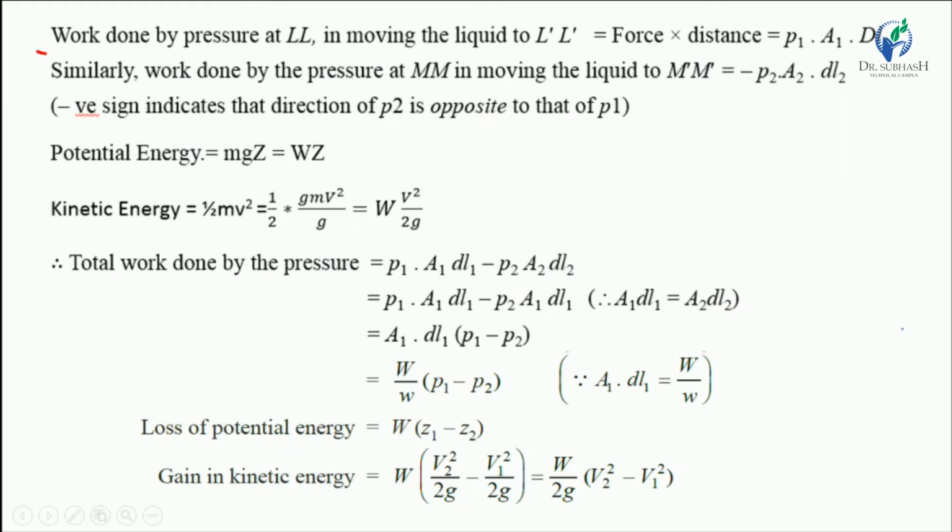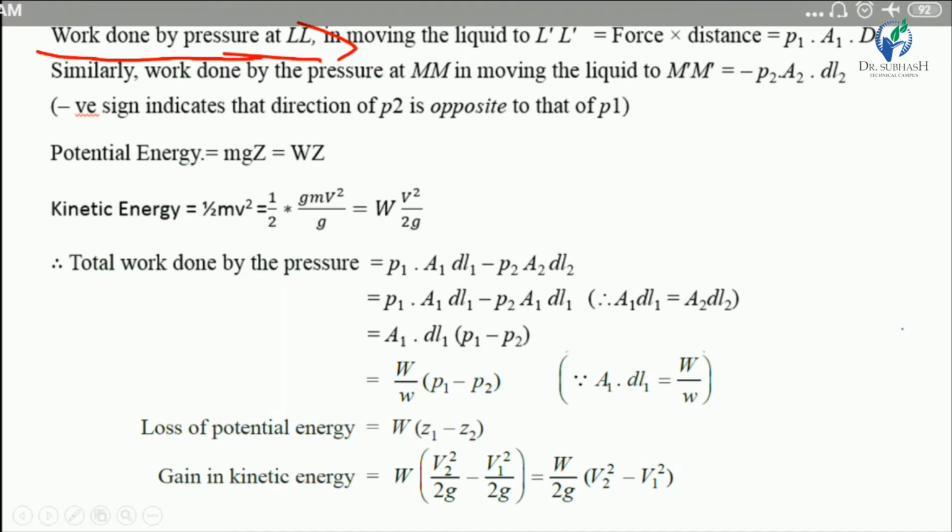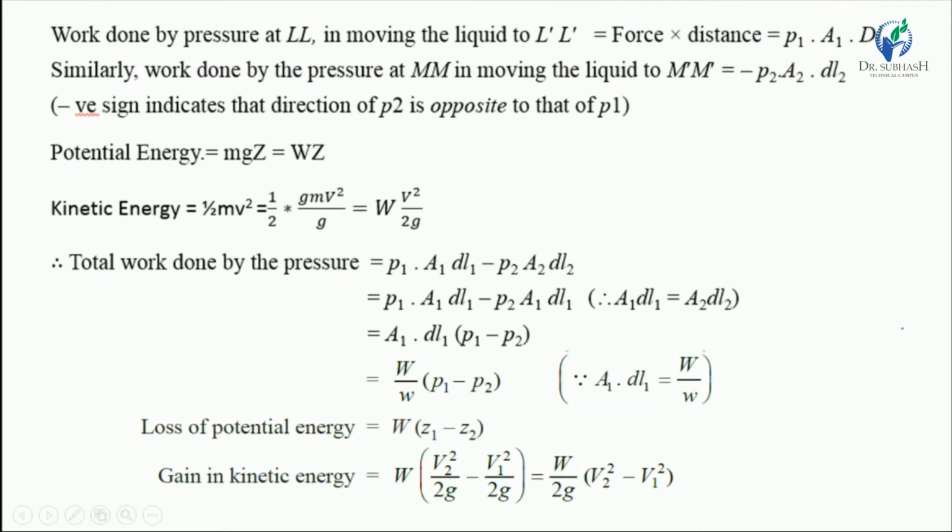Now the work done by pressure to move the liquid from LL to LL dash. We know that work done is equal to force into distance. The force is the pressure force, equal to pressure into area, so P1 A1, and the distance is small dl1.